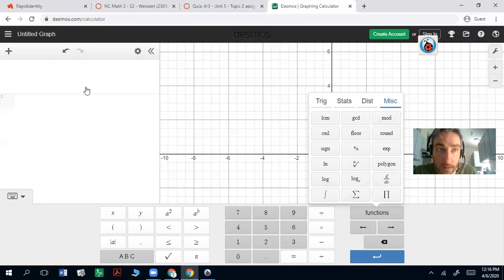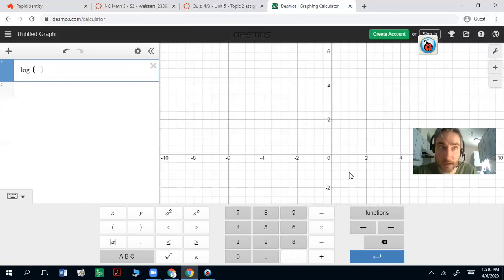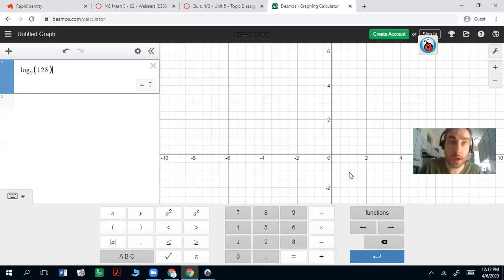Log A. So I'm going to click log A. Voila. 2, right arrow, 128. So if you really don't want to type log and underscore and all that stuff, there's the other way to do it. That basically will get you from 11 to 19, and then the last couple are transformations.